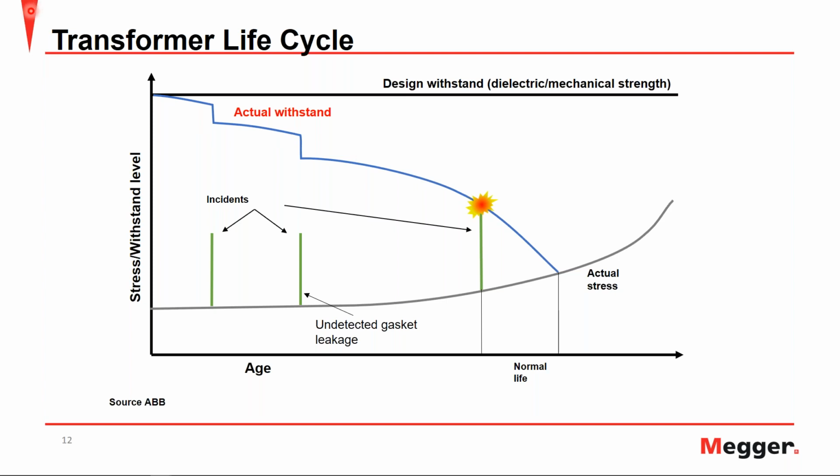And the other case is that you could have premature end of life due to this undetected gasket leakage getting worse, introducing more moisture and air. The insulation is deteriorating because of that, and you can see a severe decay in the withstand until it meets the stress level and we have a premature end of life.